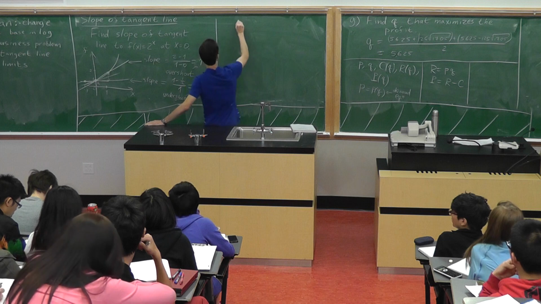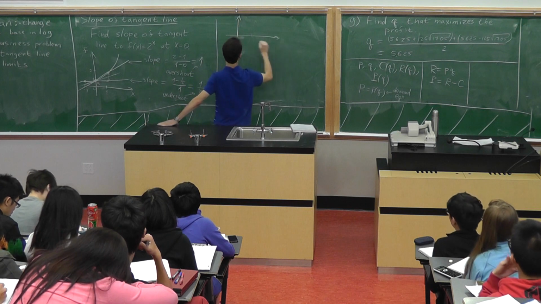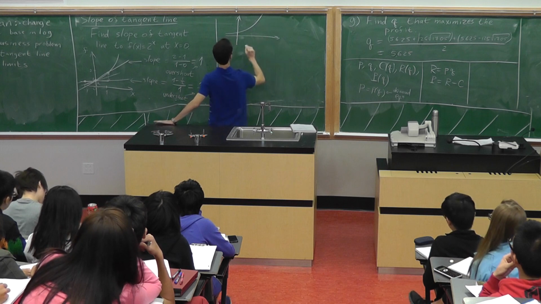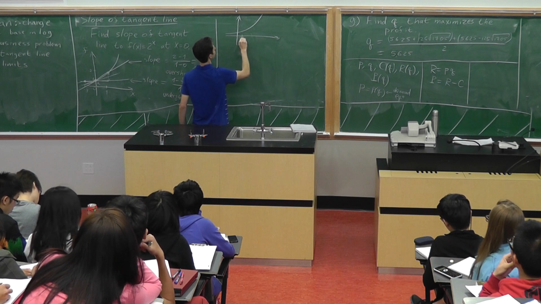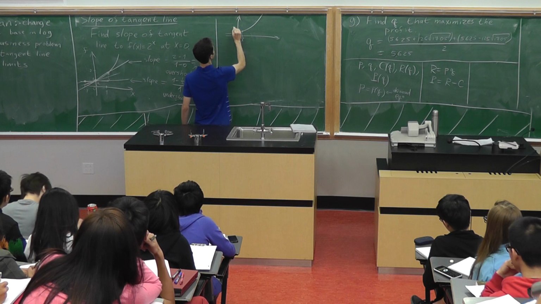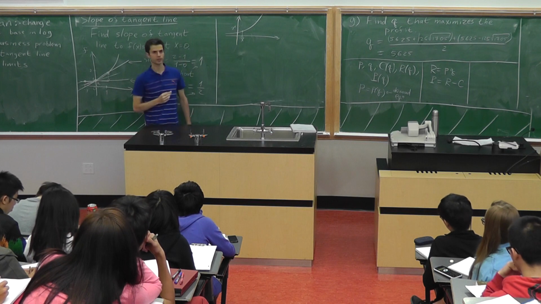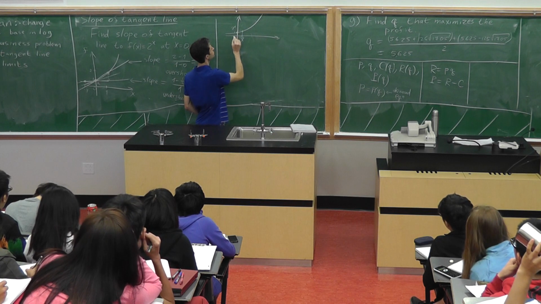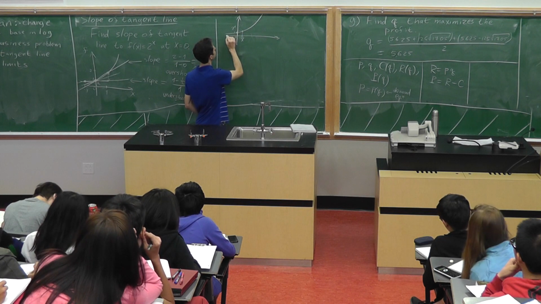More generally, we'll take the following. We'll take this graph. On it we'll choose any point with coordinates x and 2 to the power x. And then we'll draw a line passing through this point, (0, 1), and that point.